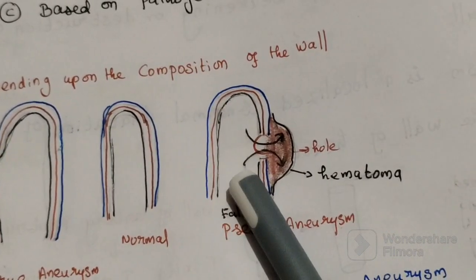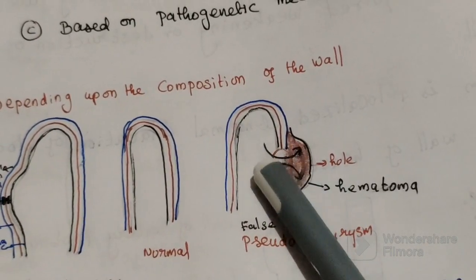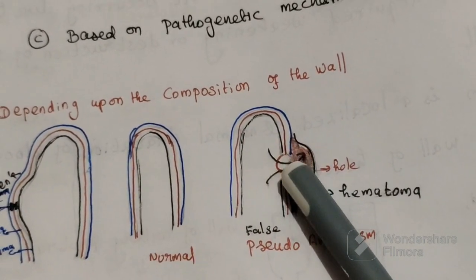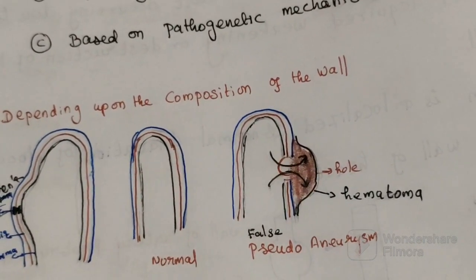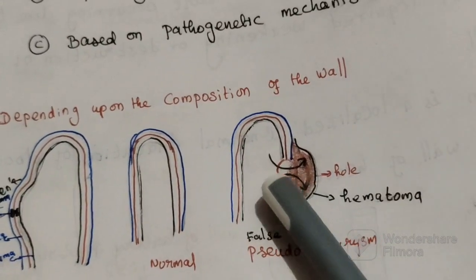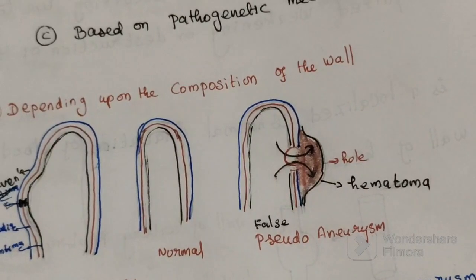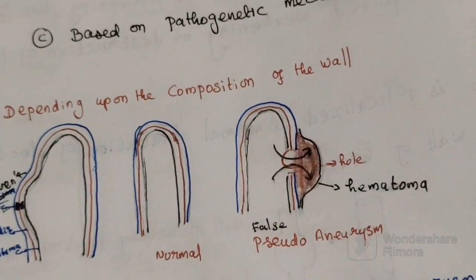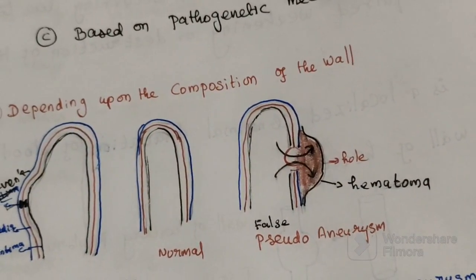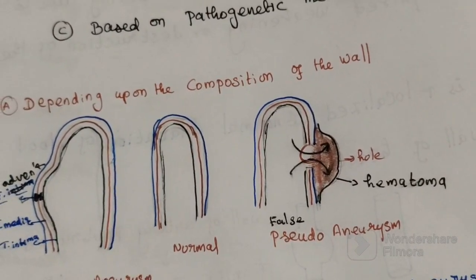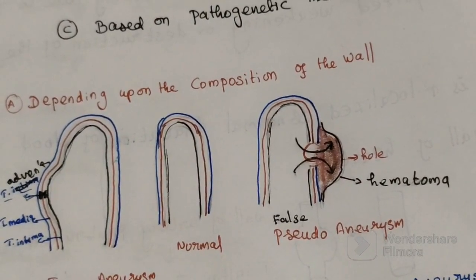Here on the opposite side, there is a hole. Here a hole or gap, a penetration, blood will come out. So by using this hole, blood will come out. The body has connective tissue. It looks like an aneurysm but is not an actual aneurysm.